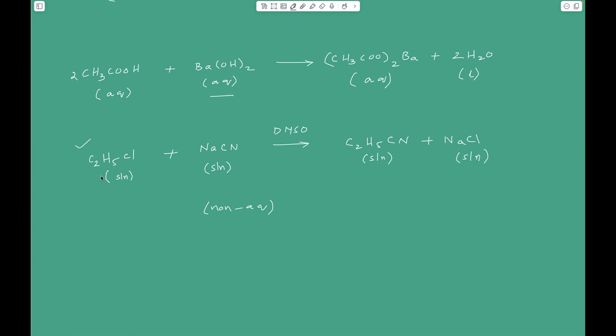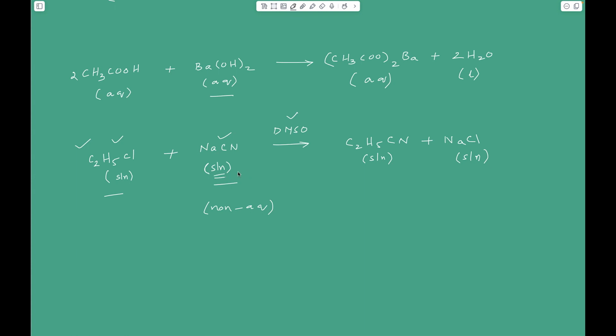Take this reaction for instance. Here these two reactants are not dissolved in water. They are dissolved in a solvent known as dimethyl sulfoxide. Therefore, these are non-aqueous solutions. To indicate that they are non-aqueous solutions, either you can write non-AQ below their formulae, or you can simply write SLN.